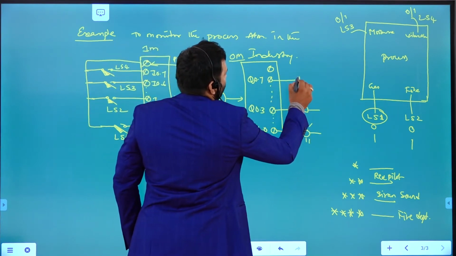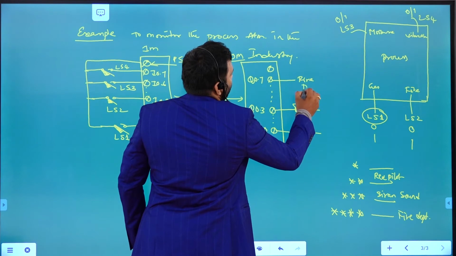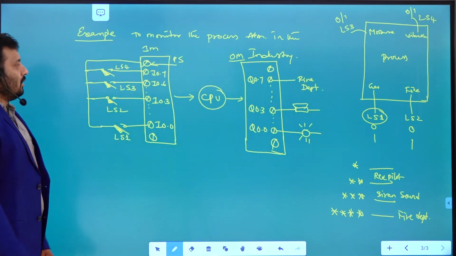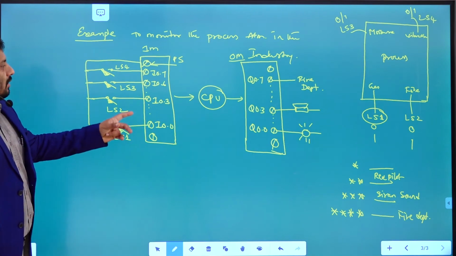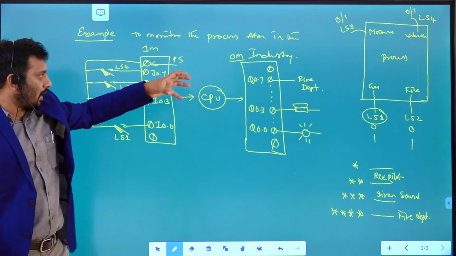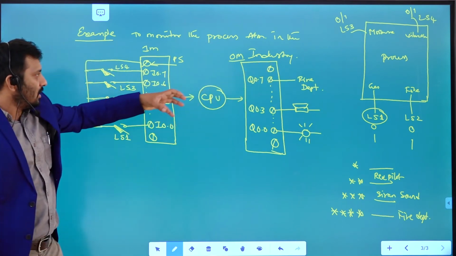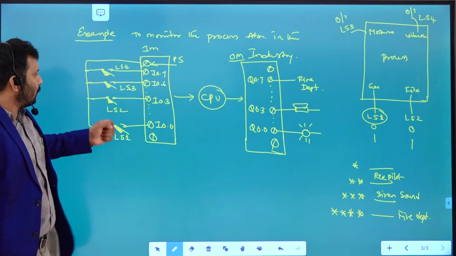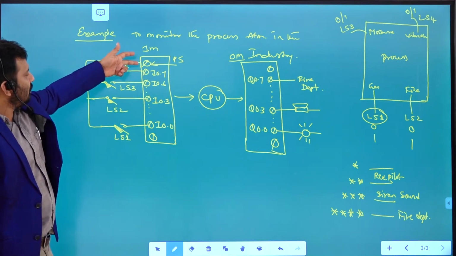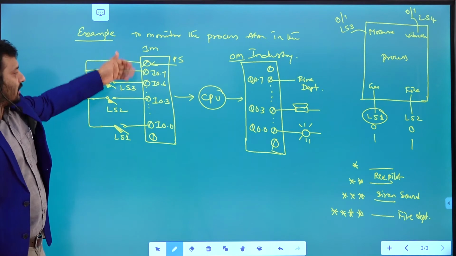This one I want to use to communicate with the fire department, right? So this is the way we need to connect the input sensors, 4 switches, to collect the 4 parameter values. I connected them to the 4 terminals of the input module like this: I 0.0, I 0.3, I 0.6 and I 0.7.